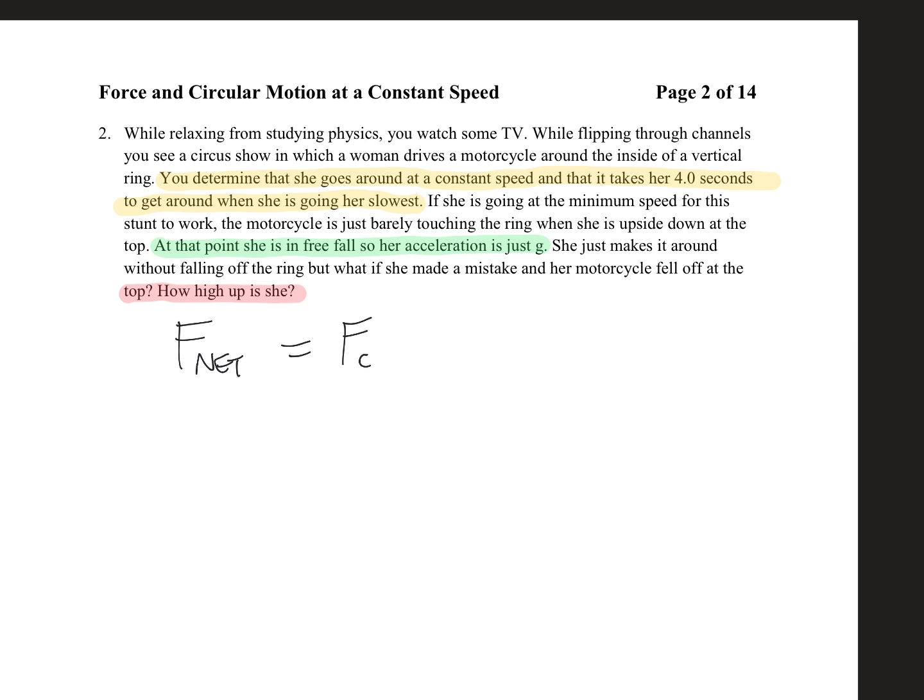That's where that centripetal force would be at a minimum, because as we go past that value, she's no longer being held on the circular path. So if you come to the top of that loop and start to fall, that means that your acceleration wasn't enough to keep you on the radius of the path.